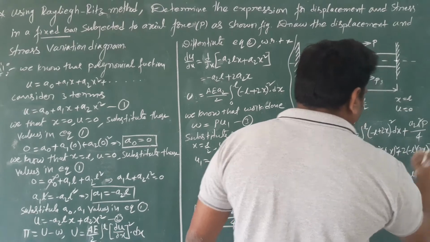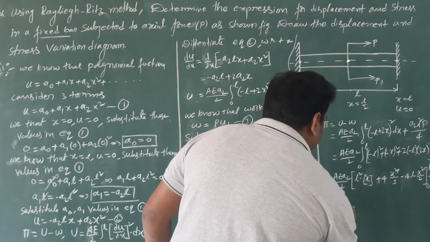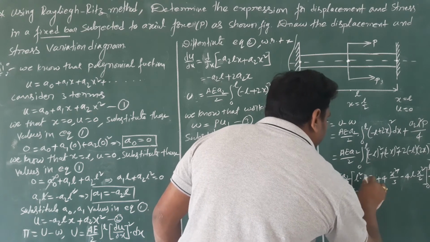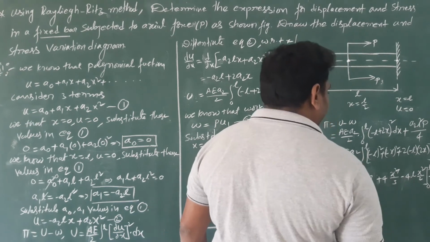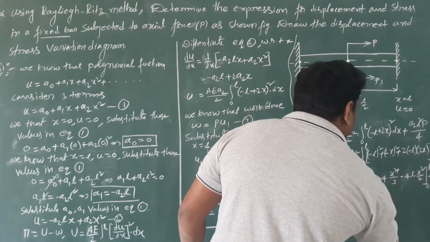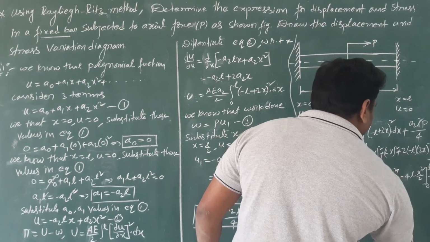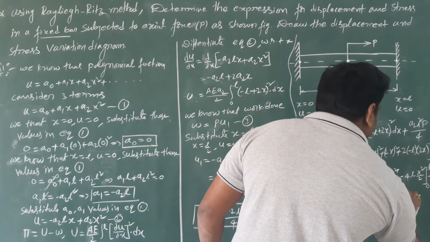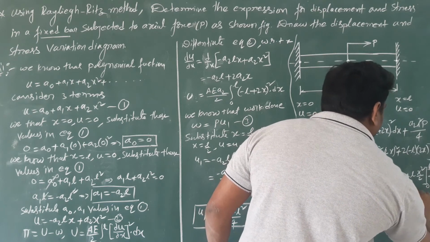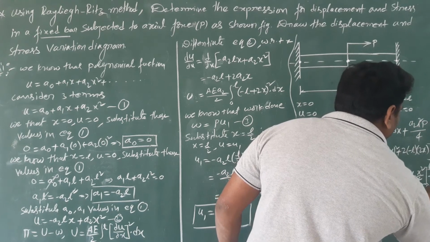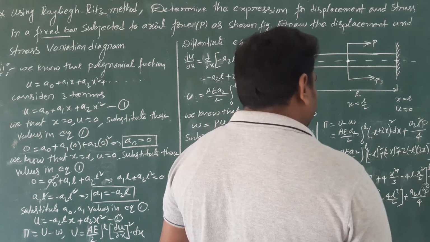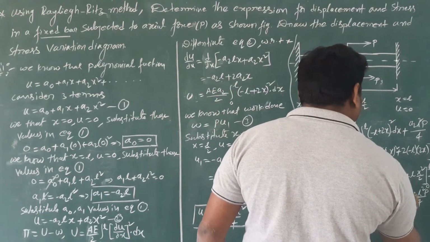Now apply the upper limit. You will get A2 by 2, that is L cube, this one L cube, plus 4 L cube by 3 minus 4 L cube by 2, plus A2 L square P by 4. Okay, this 2 times is cancelled.